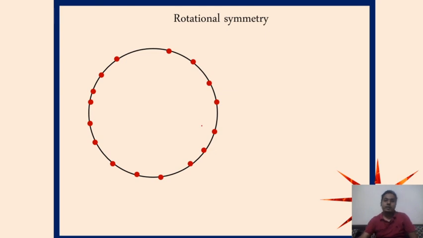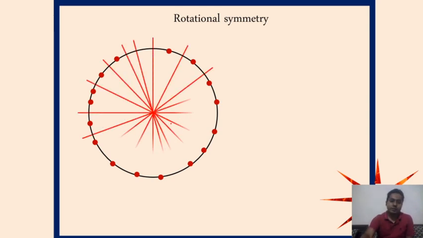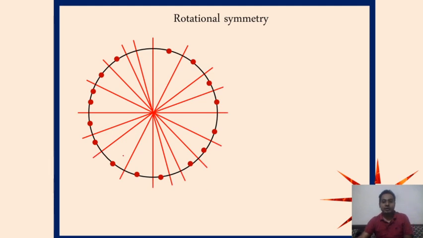Okay, this is our circle. You can imagine how many rotational symmetries a circle has. I think it has an infinite number of rotational symmetries, because if you divide by any line passing through the circle, the circle will be the same.